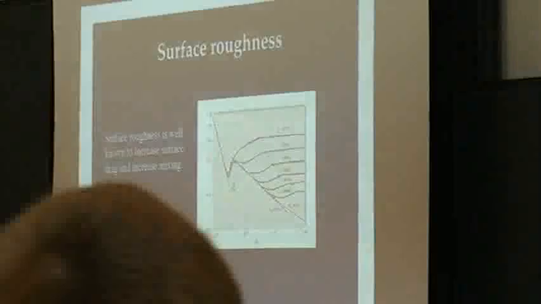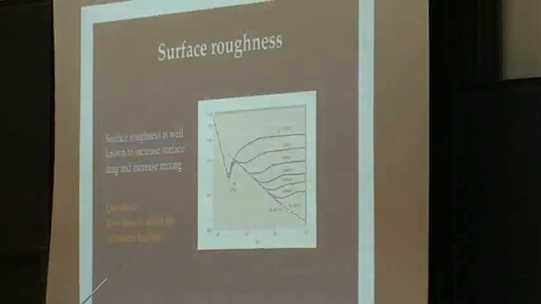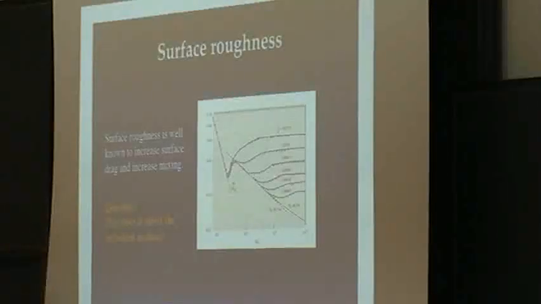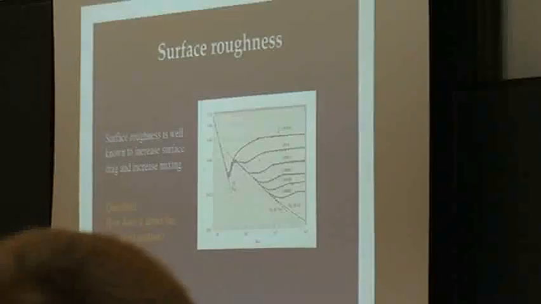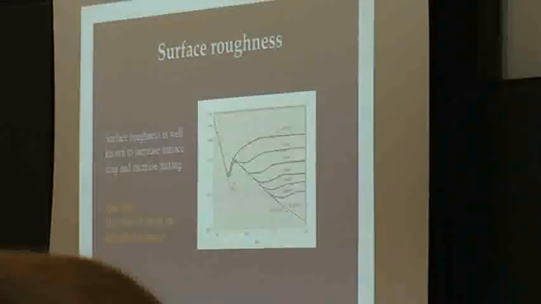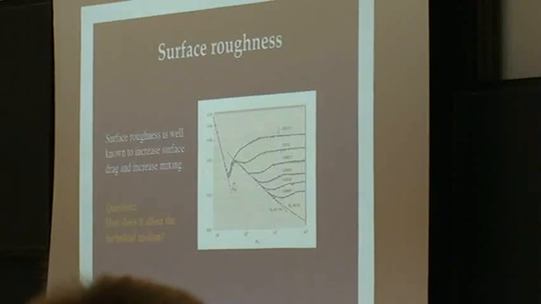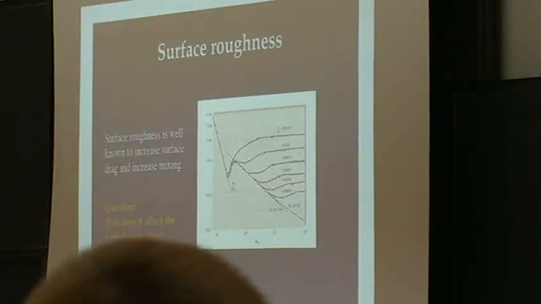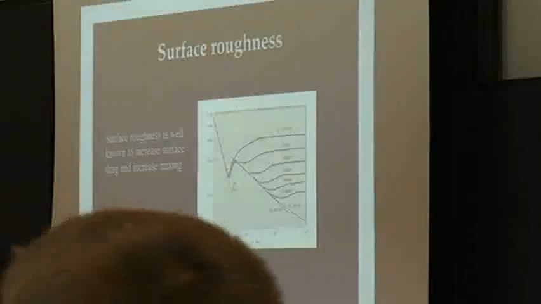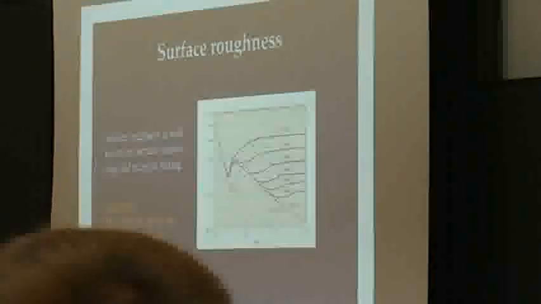We all know that surface roughness increases the drag, and you can see that by looking at the Moody diagram, you may easily have an increase in drag by a factor of 5 or something. And we also see that if you increase the Reynolds number sufficiently high, basically all surfaces are rough.